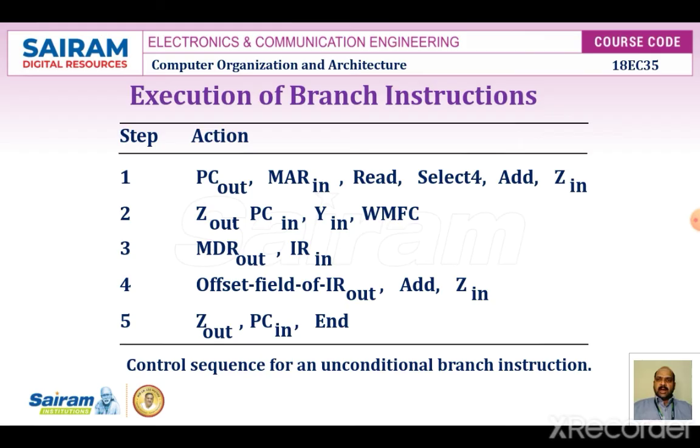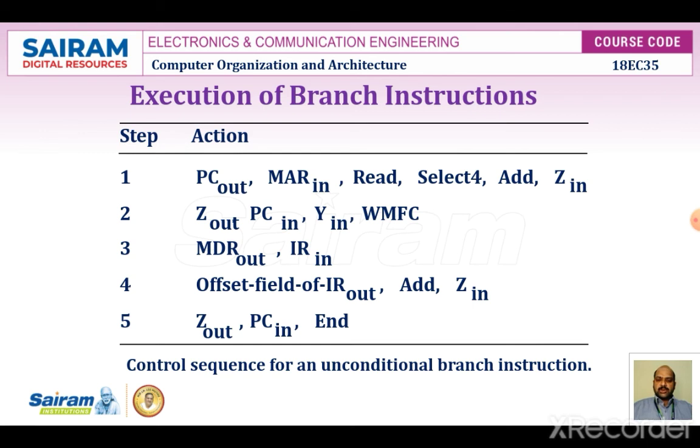Here, the offset value is extracted from the instruction register by the instruction decoding circuit, which will also perform sign extension if required. Since the value of the updated program counter is already available in register Y, the offset X is gated out to the bus in step 4.